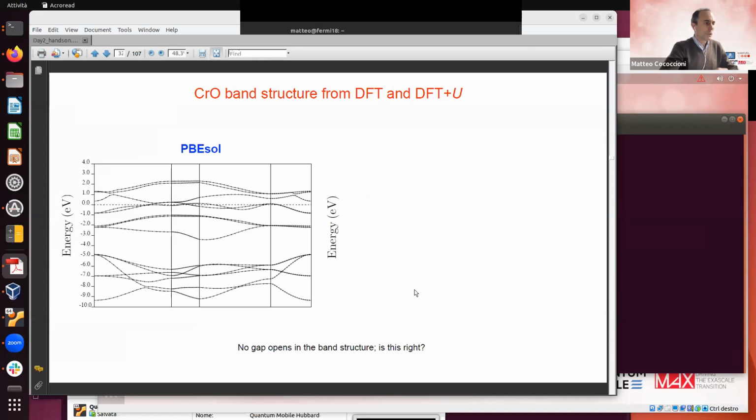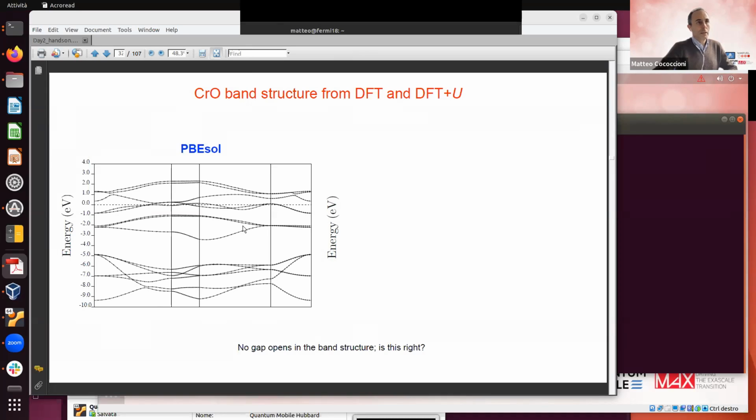Okay, if we do the band structure of this system using the standard approximations for the exchange correlation functional, we get something like this. We get a nice separation between P-like states, low lying here, from the oxygen, while the D states from chromium are around the Fermi level here.